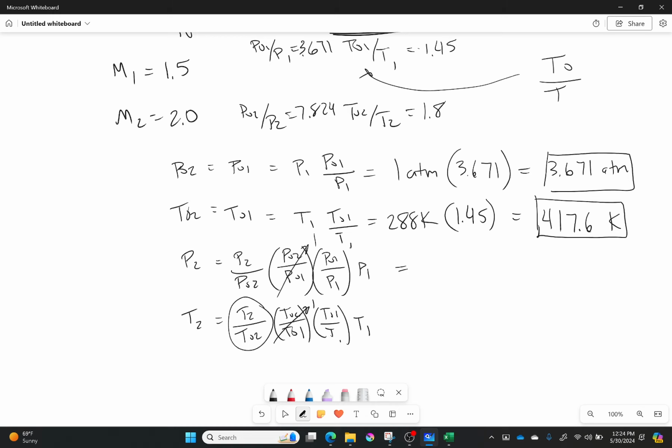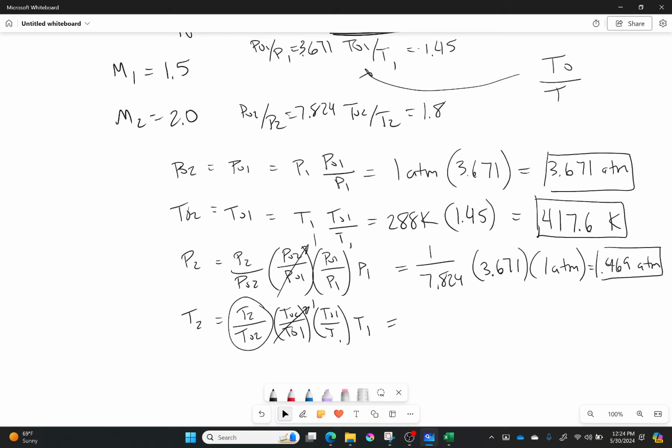So this would be equal to 1 over 7.824, that's me inverting it, times P01 over P1, which is 3.671, times 1 atmosphere. And if I plug that into my calculator, what do I get? I get 0.469 atmospheres, so it has halved after going through this. Does that make sense? Yes, because I would expect an expansion fan to drop the pressure.